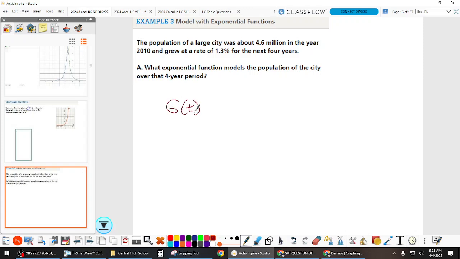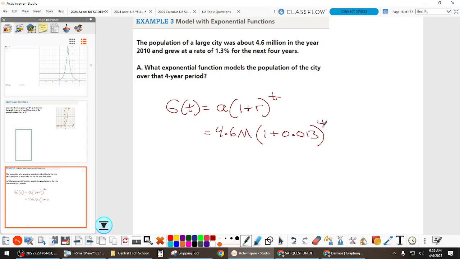We're going to start with our template, because it says it grew. 4.6, then 1 plus 0.013, to the 4.